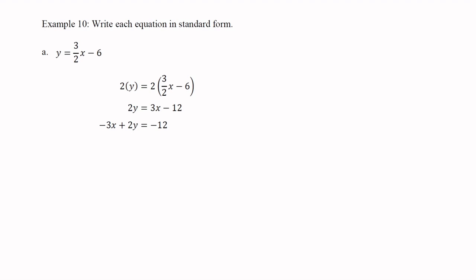So we have -3x + 2y = -12, because we have to subtract 3x from both sides. Finally, we have to change the signs on everything because we cannot lead with a negative. So -3x becomes +3x, +2y becomes -2y, and -12 becomes +12. So our final equation in standard form is 3x - 2y = 12.